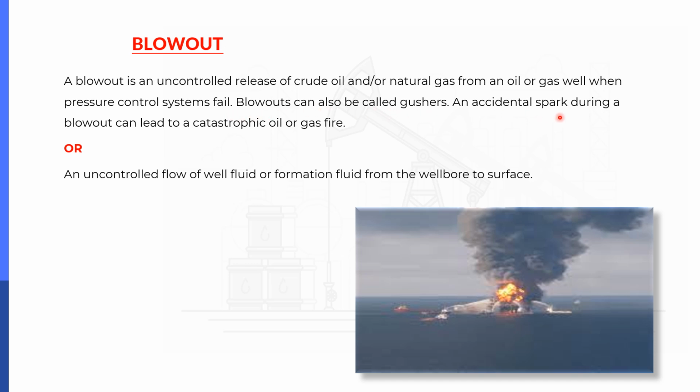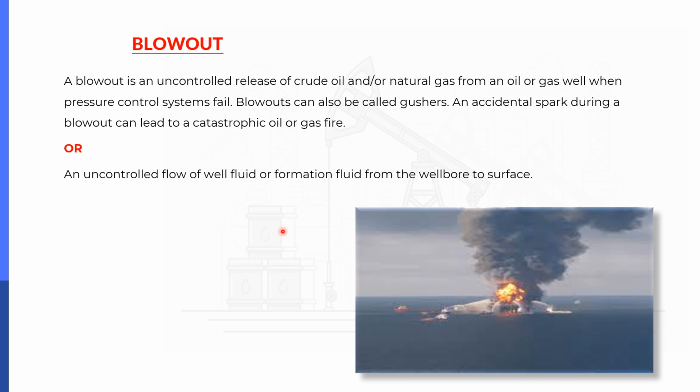An accidental spark during a blowout can lead to a catastrophic oil and gas fire. If a blowout has already come, and there is any spark on the riser, in the annulus, inside the drill string, or on the rig floor, anywhere the formation fluid goes, it will turn into an explosion, a catastrophic fire.